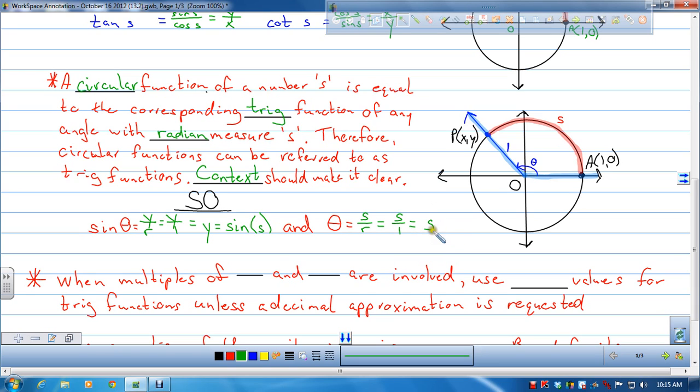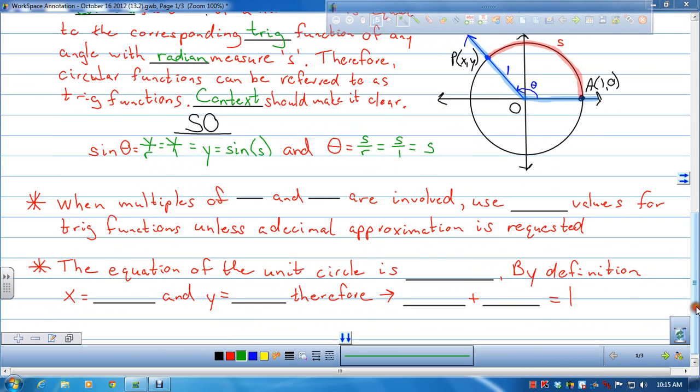Theta will be equal to the arc length there, or s, that number value. Okay. Now, we're going to have our special triangles still here as well.